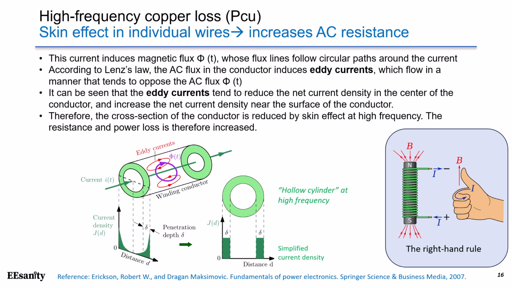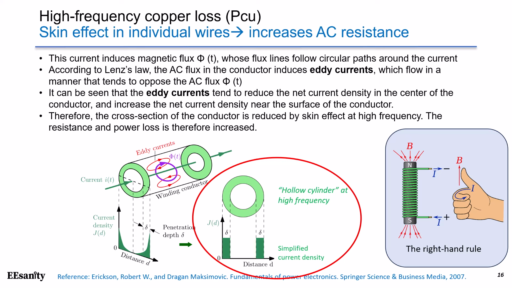In this figure, it can be seen that eddy currents tend to reduce the net current density in the center of the conductor, while increasing the current density near the surface of the conductor. For this reason, current density decreases exponentially from the surface towards the inside, as shown on the left-hand side, so that the conductor looks like a hollow cylinder at high frequency.